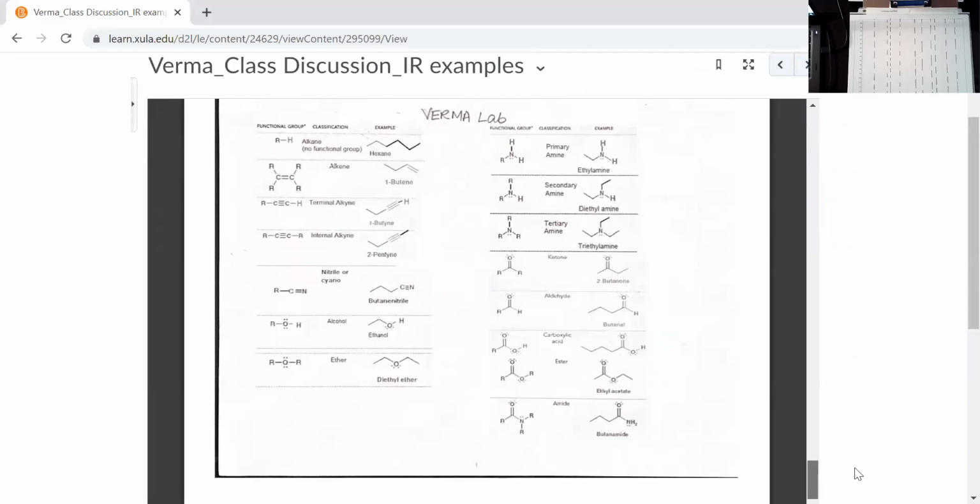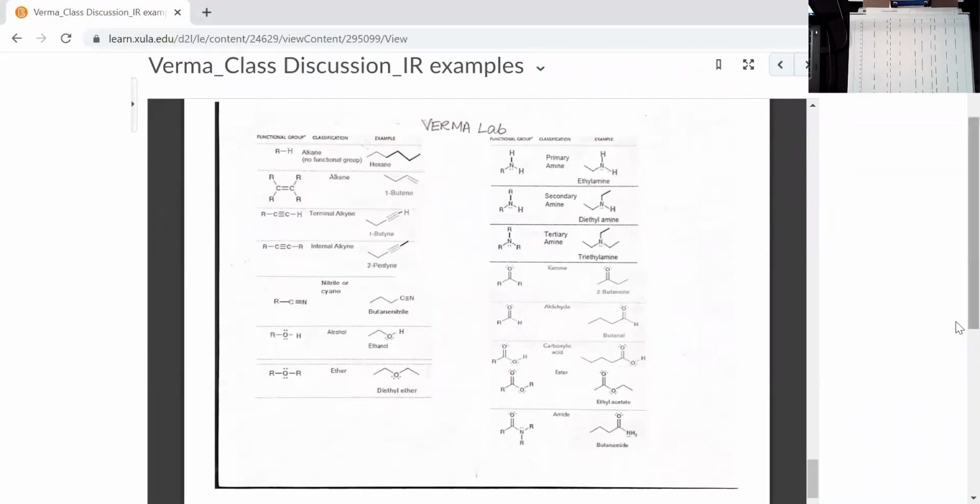At the end of this document labeled IR examples, I have listed all the functional groups that you are required to know for this 20 to 30 lab course, their general structure and an example of an actual structure.